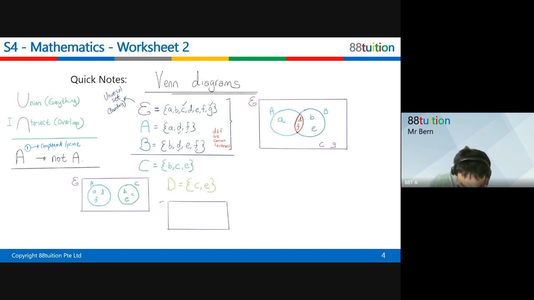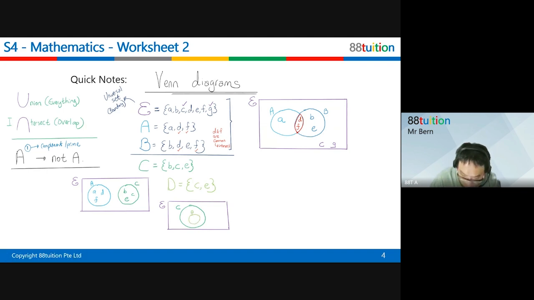This is the universal set. Can you see that the entire D is inside C? So this is C, and the entire D is inside.